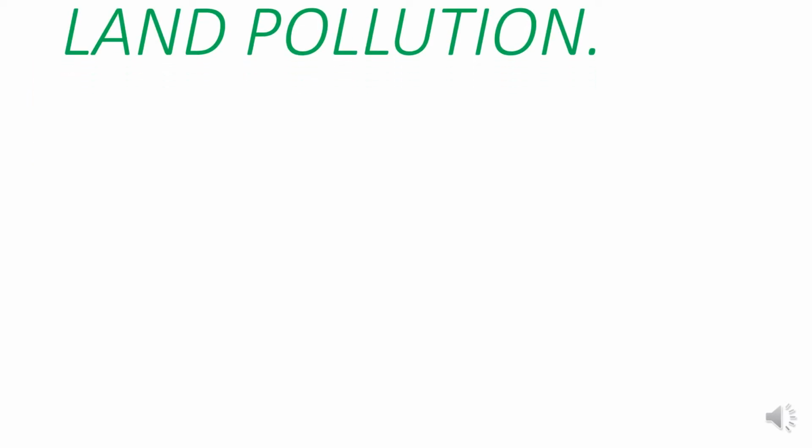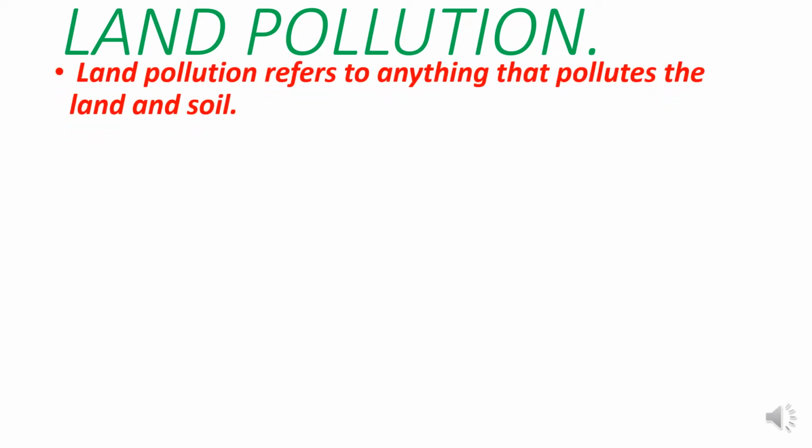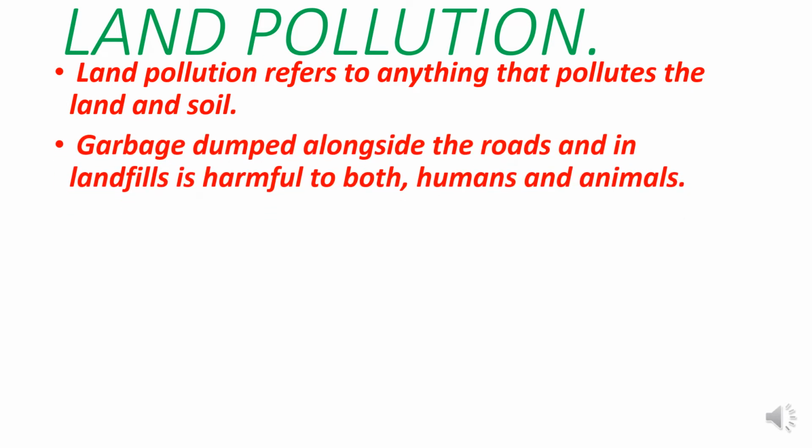So now, land pollution. Land pollution refers to anything that pollutes the land and soil. Garbage dumped alongside the roads and in landfills is harmful to both humans and animals.